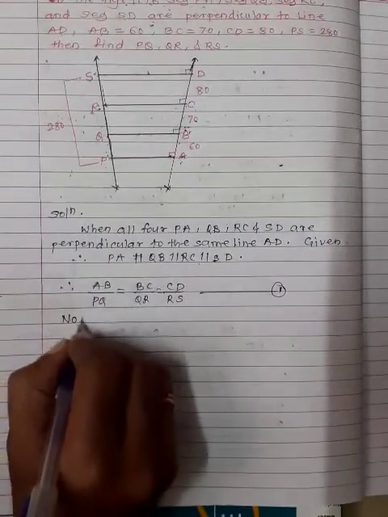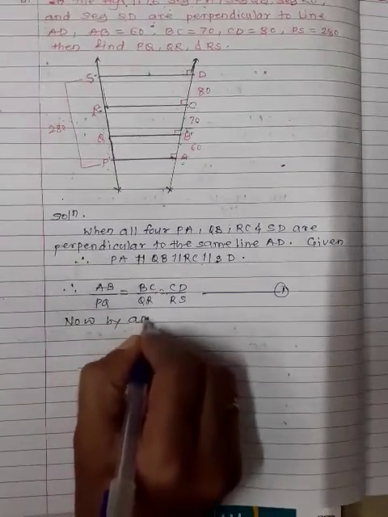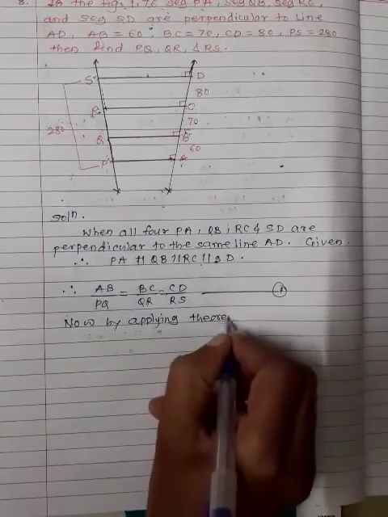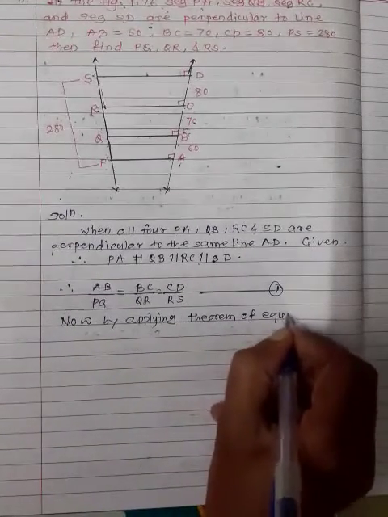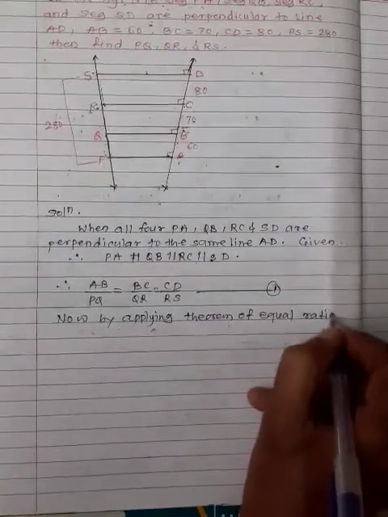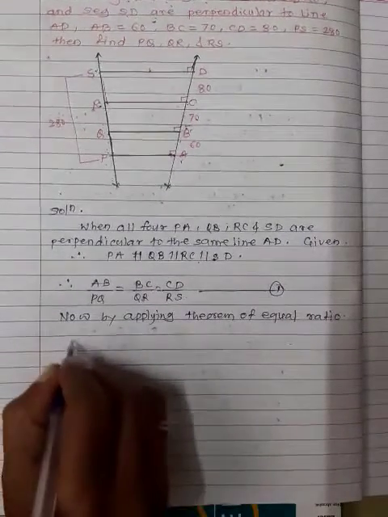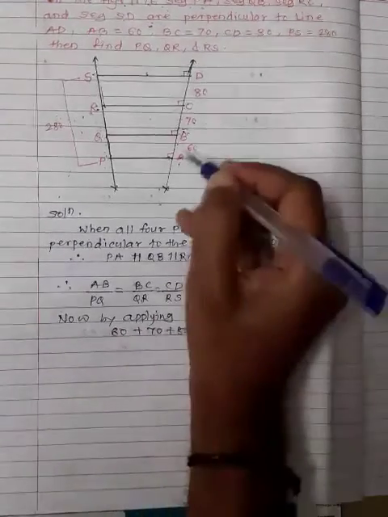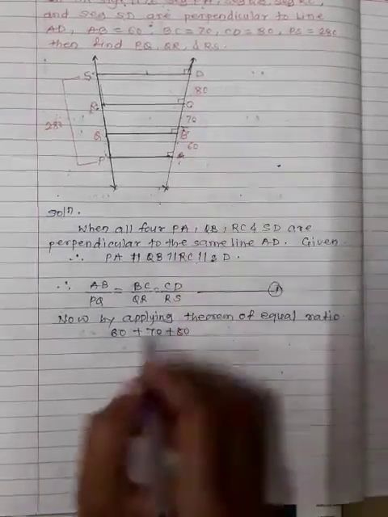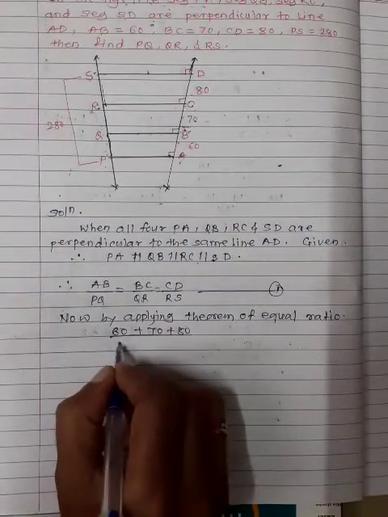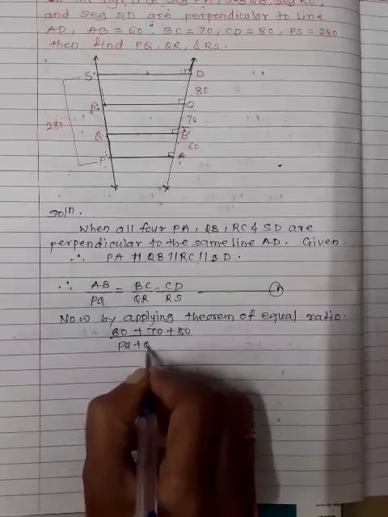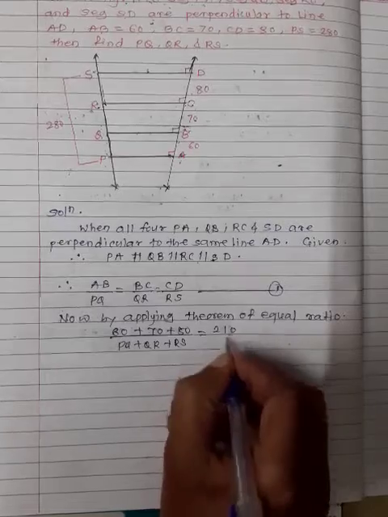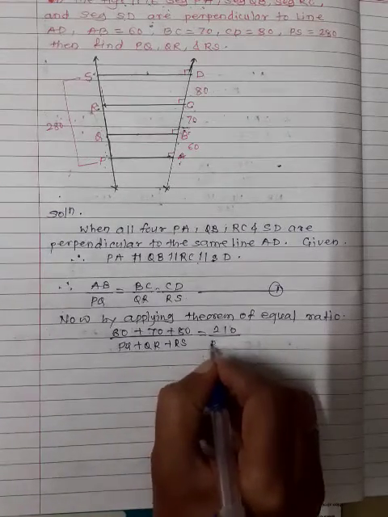Now by applying the theorem of equal ratios, 60 plus 70 plus 80, that is AB plus BC plus CD, upon PQ plus QR plus RS is equal to 210 upon PS.